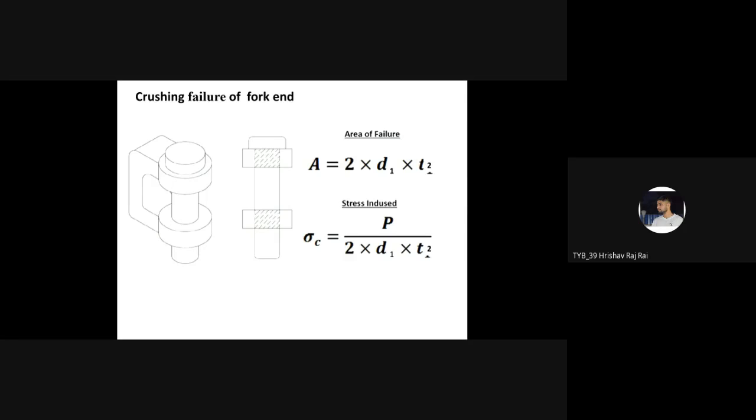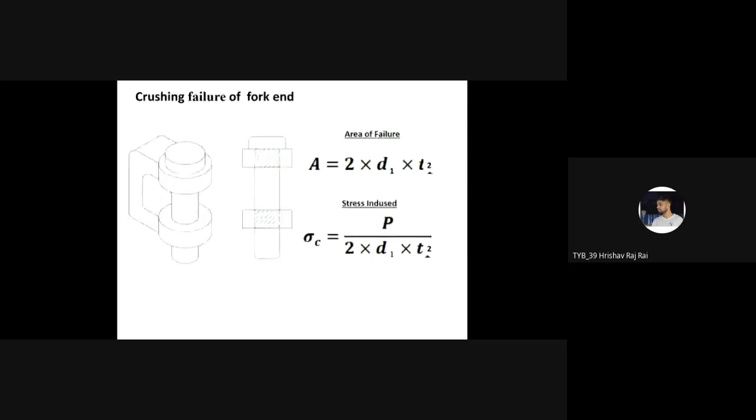The area of the hatching part, where the hatching is done, we have to calculate for one side only, and that will be the inner diameter of that eye, that is the pin diameter d1, equal to d multiplied by t2. t2 is the thickness of the fork side eye. So the area can be simply calculated.